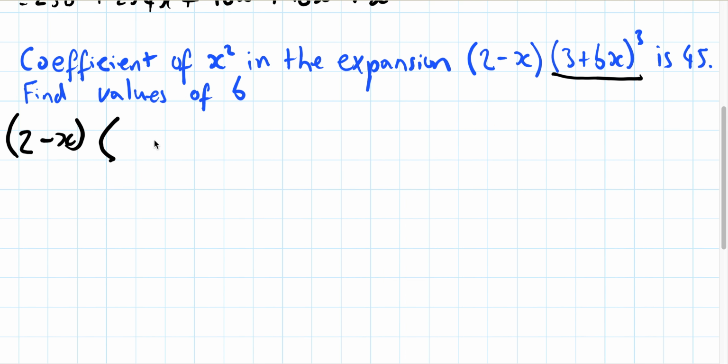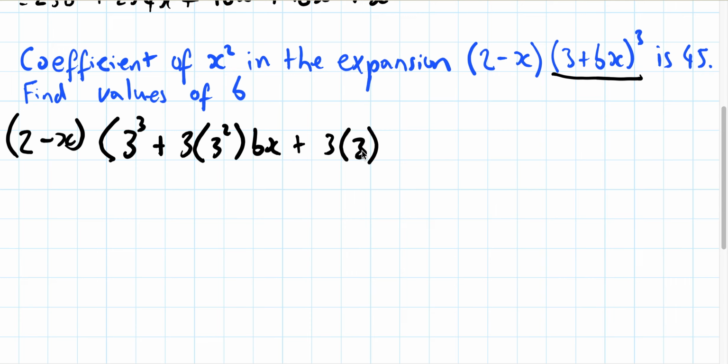So we have 1 times 3 to the power of 3, add 3 times 3 to the power of 2, bx to the power of 1, add 3 times 3 to the power of 1, and bx to the power of 2, add bx to the power of 3. 1, 1, 3, 3, 1.